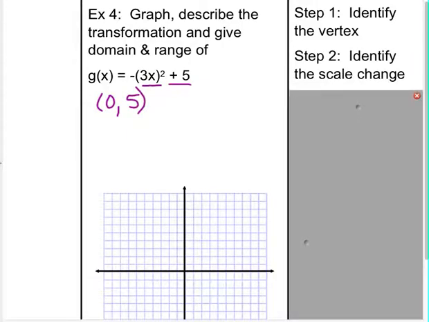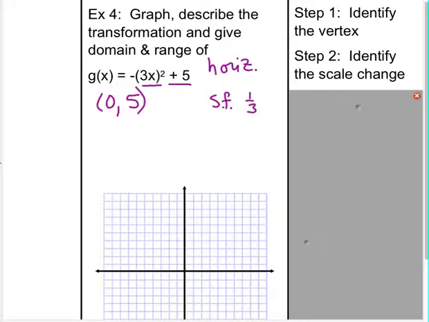Scale change, so here I'm going to describe the whole transformation. The scale change, we are multiplying by the x inside the parentheses, so it is horizontal. I'm going to skip the stretch or compression for a second and give the scale factor. Remember, in the parentheses, it's the opposite operation. It looks like we're multiplying by 3, we're really multiplying by a third.